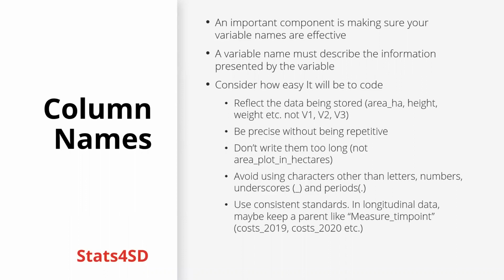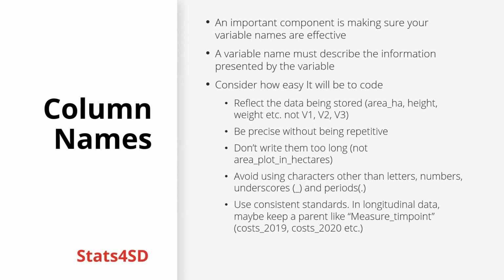Basically names like this, as opposed to V1, V2, V3, which sometimes you do see, and that often requires looking at some sort of data dictionary or metadata to double check what this means, whereas you might not need to do that when it's something simple like area or height.